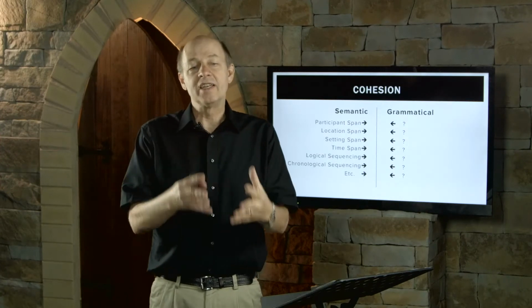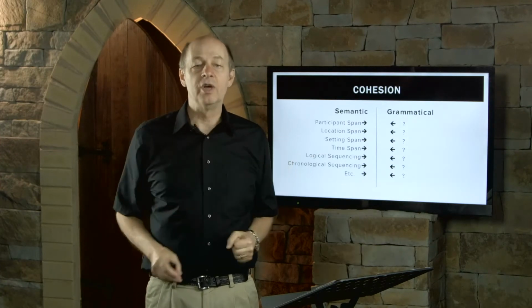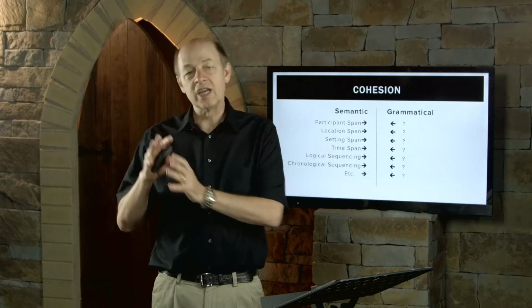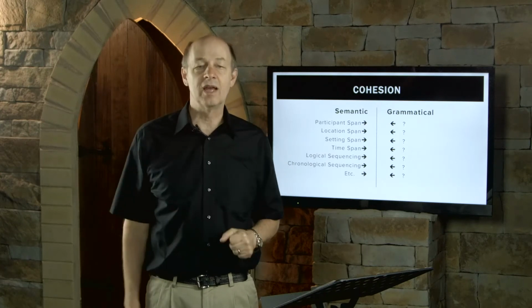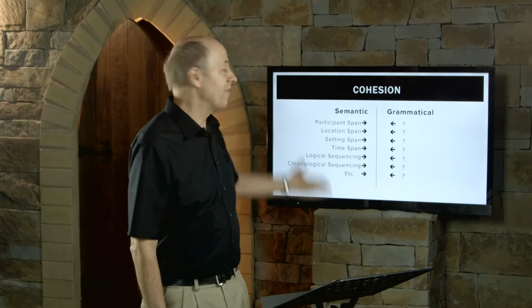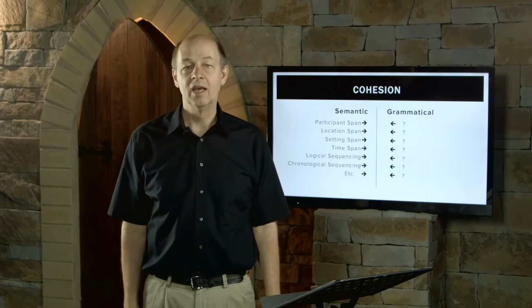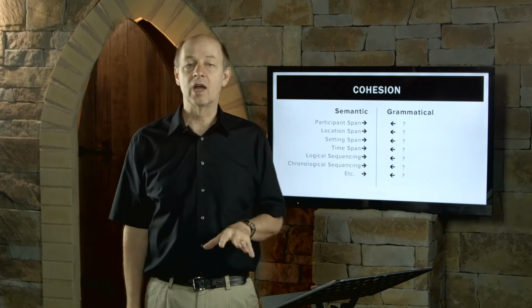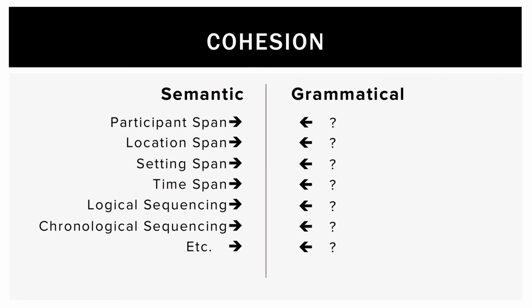So when we have identified the semantic cohesion, now we need to look to the other side. How is that semantic cohesion marked grammatically? So for example, if we have identified a participant span that focuses primarily on one participant, Peter for example, what is it grammatically that is letting us know that Peter is still the primary participant?